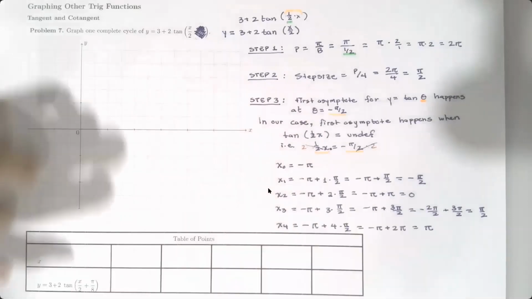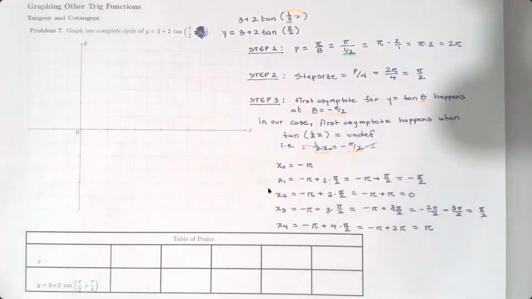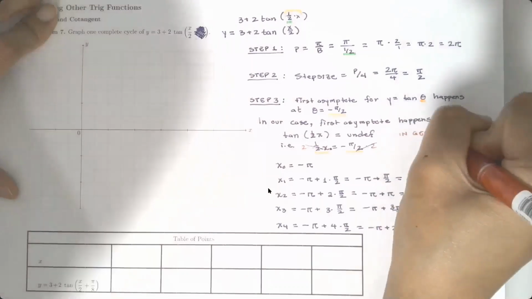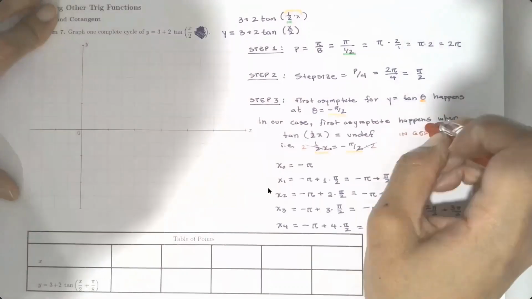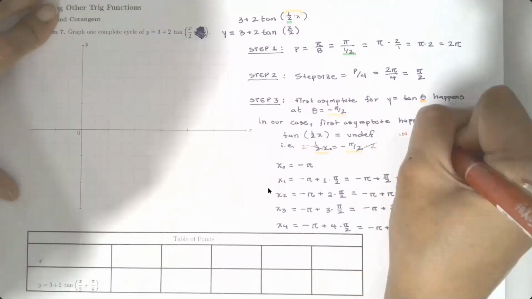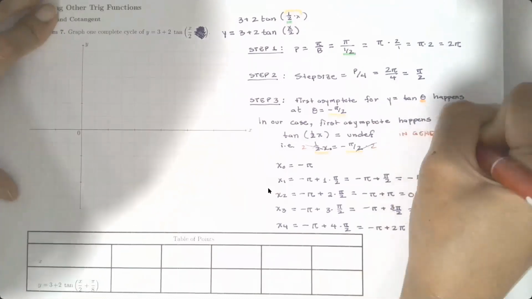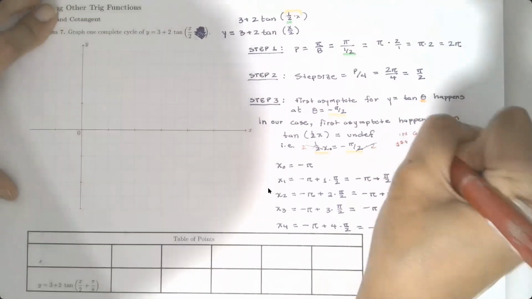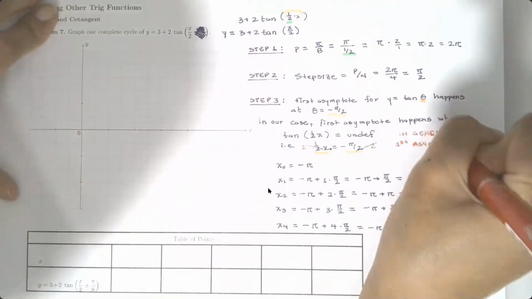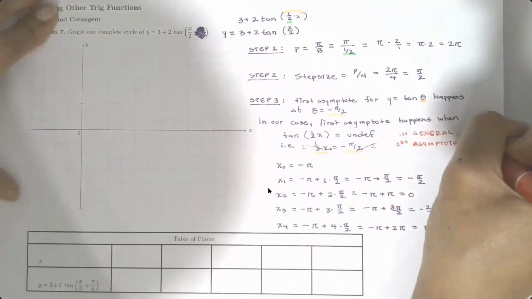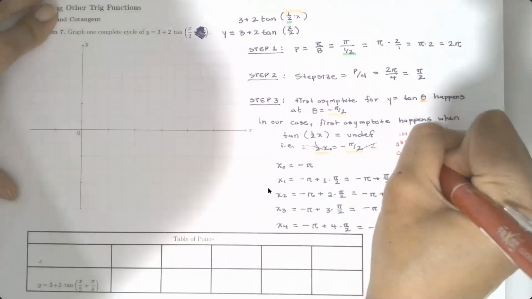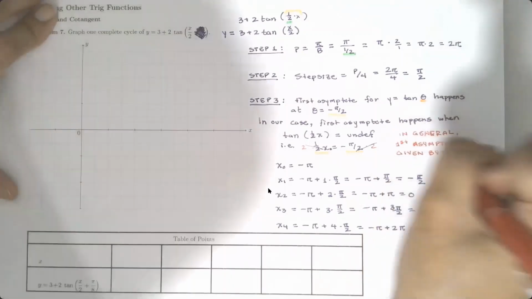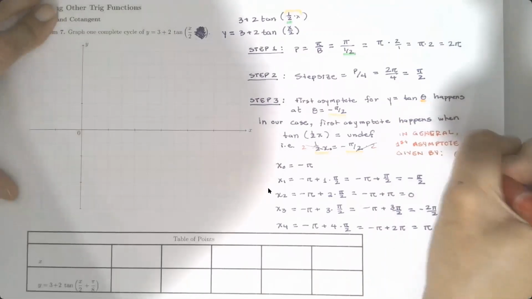Okay, so I'm going to write a note here on the side that says, in general, the first asymptote is going to be given by setting theta, let's say we call this b, right?